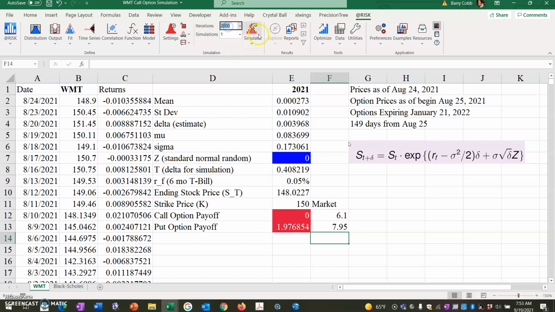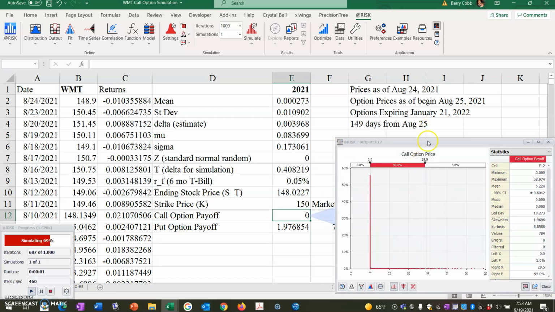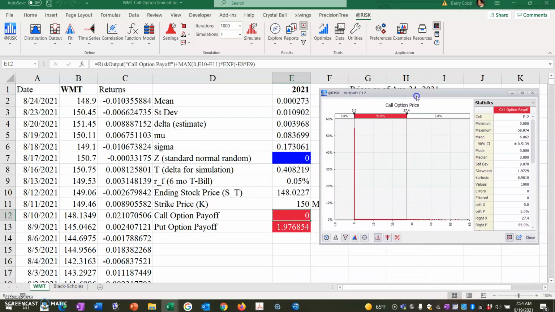So we'll go ahead and simulate this. We'll start with 1,000 trials. And what we see here is our simulated mean for the call option is $6.06.